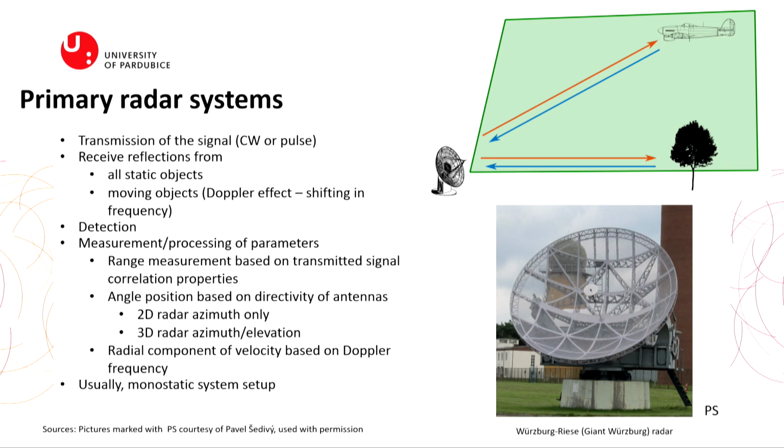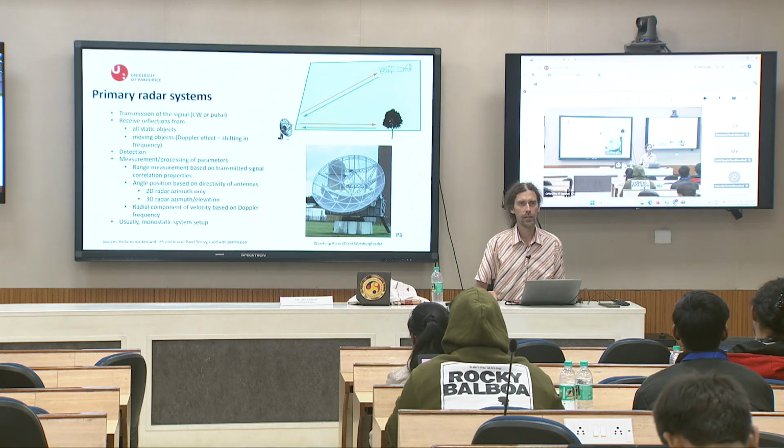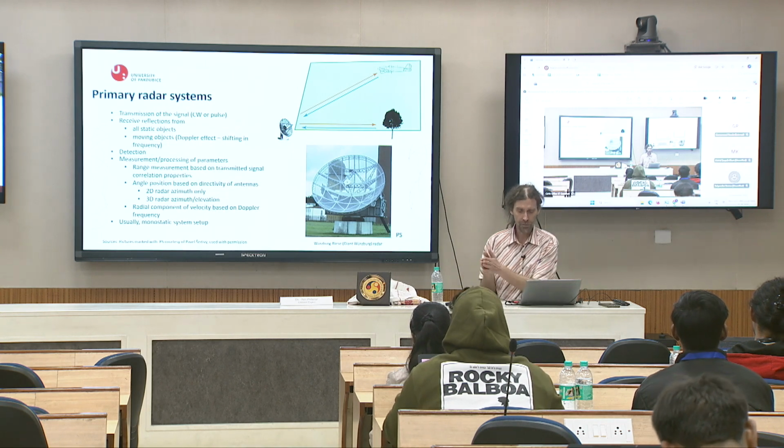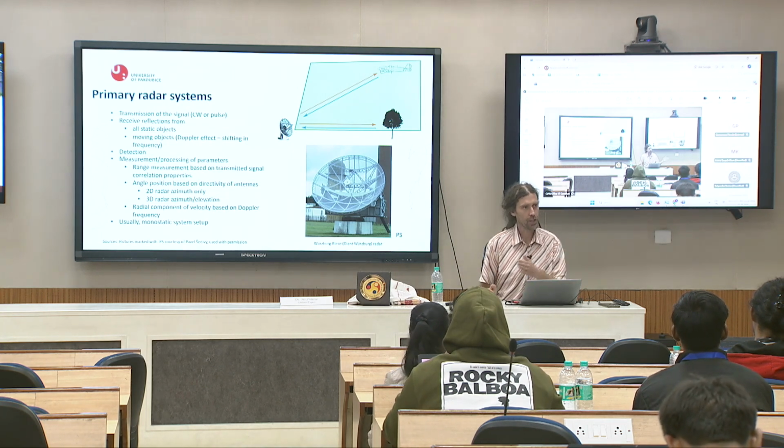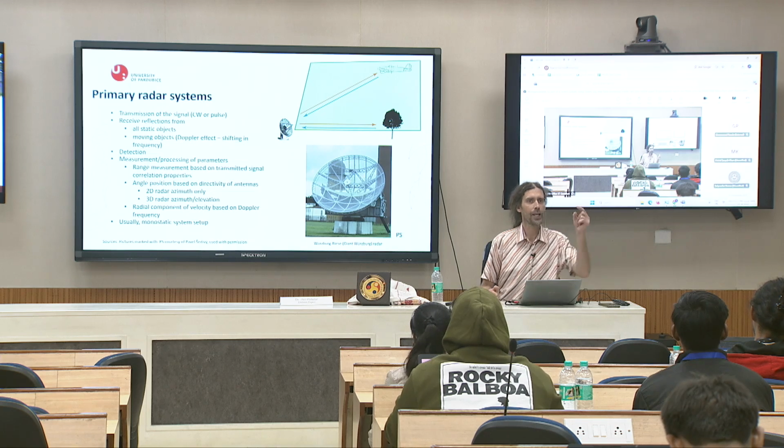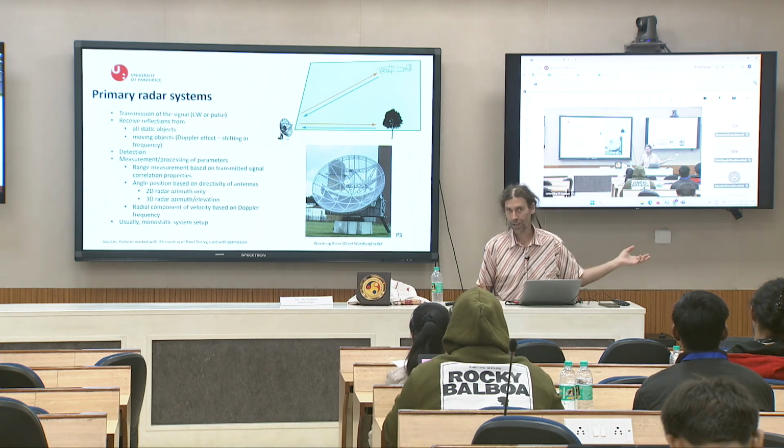Why? Due to Doppler shift, because it is moving. So it is clear that if the target is not moving, the Doppler shift is 0. If it is moving, there is some Doppler shift. And from the Doppler shift, I can compute the speed of the target.